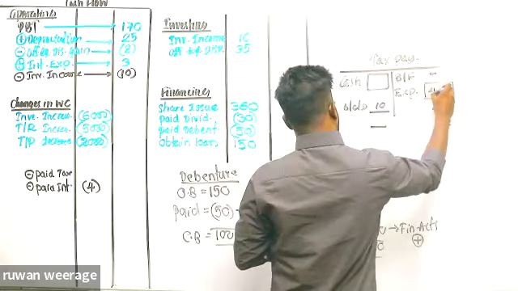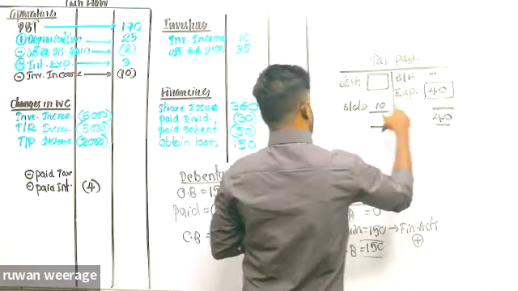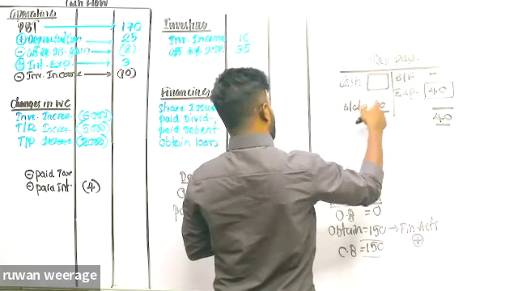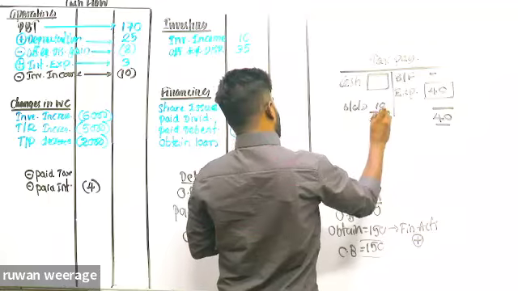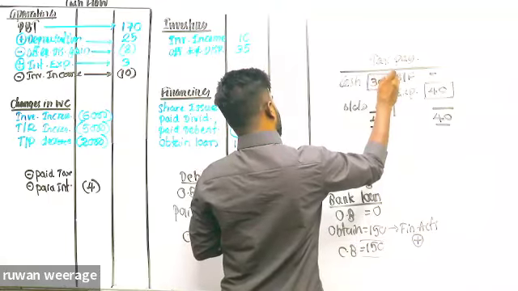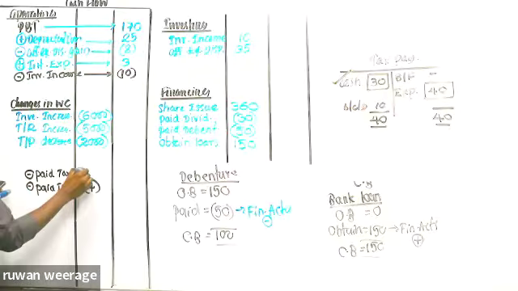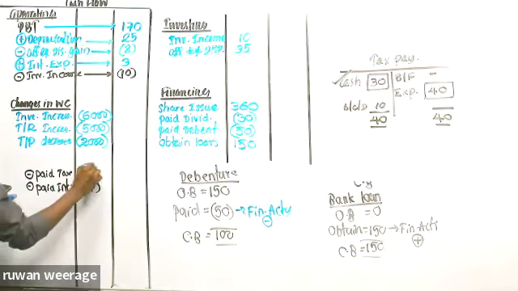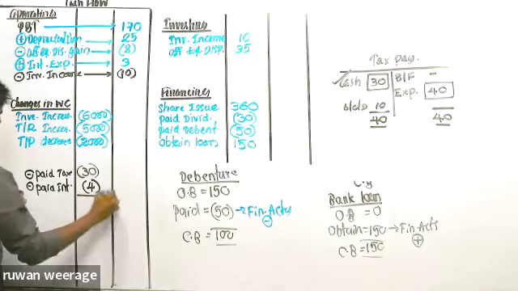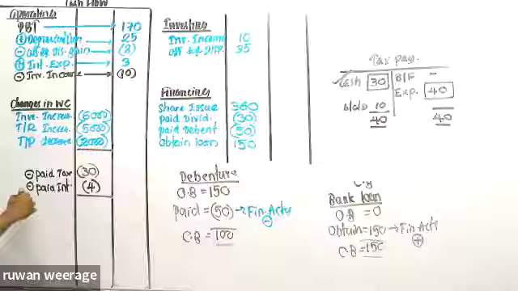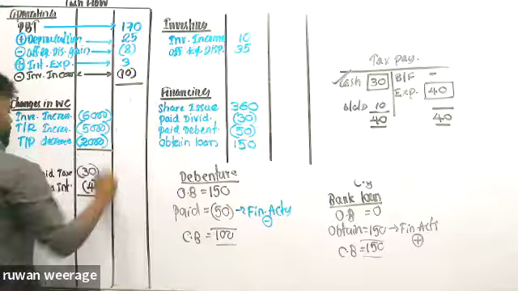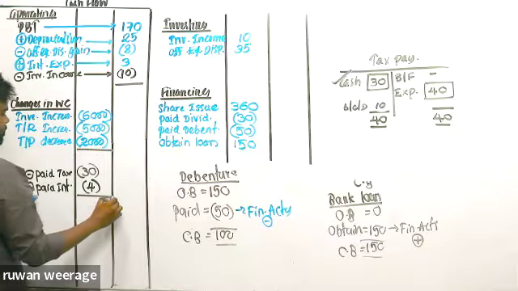Therefore total expense 40 but not yet paid 10. Therefore paid amount how much? 30. 30. That is recorded on here. Clear? Get the answer.